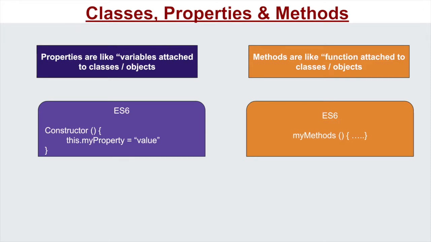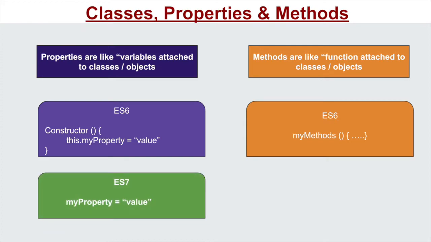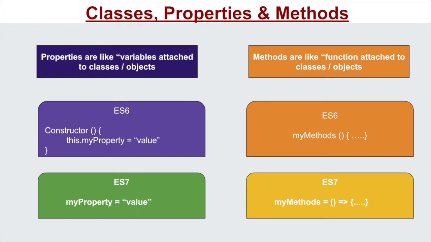Behind the scenes, this will still be transformed to use a constructor function, but you will have an easier time writing this. And for methods, it's pretty simple. This is the old way I showed you in the last lecture. Now the next generation JavaScript way is to use the syntax from the left where you set up the property and simply think of a method as a property which stores a function as a property value.